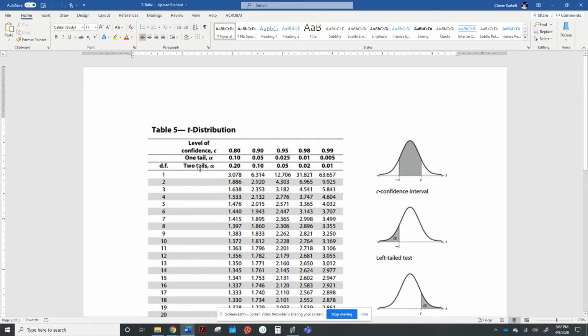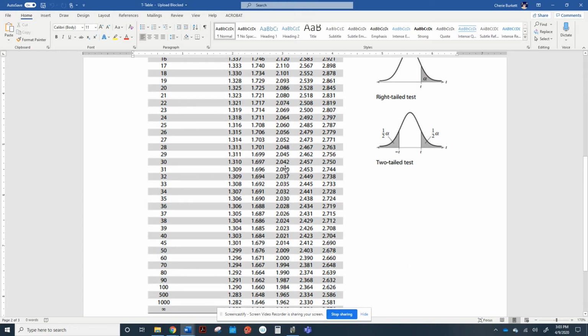When we use this two-tail column right here, you don't have to worry about taking half of it and looking for that. They will take half of it when they give us this number down here. So just take the alpha that's given.